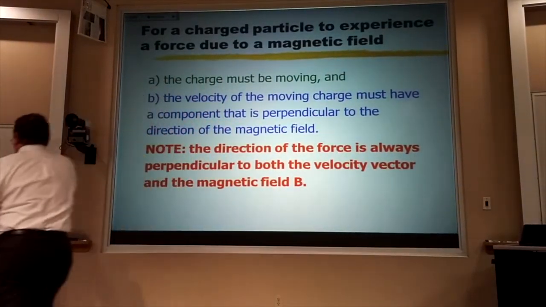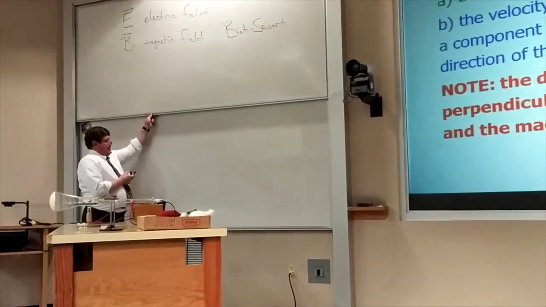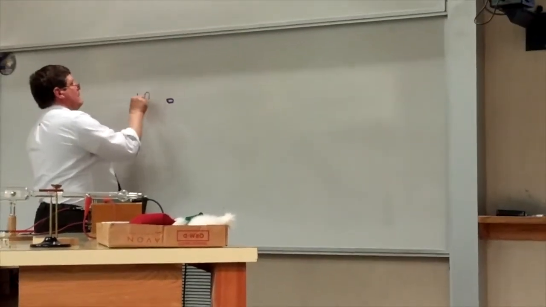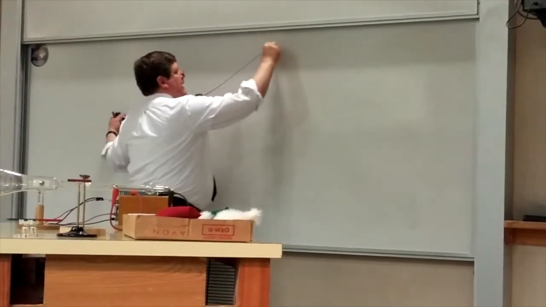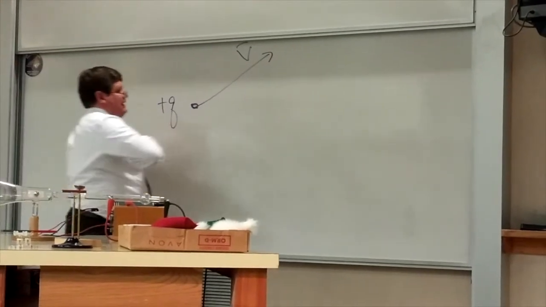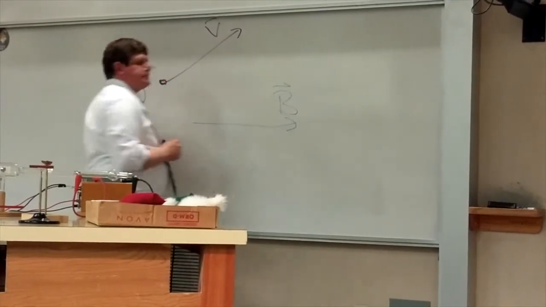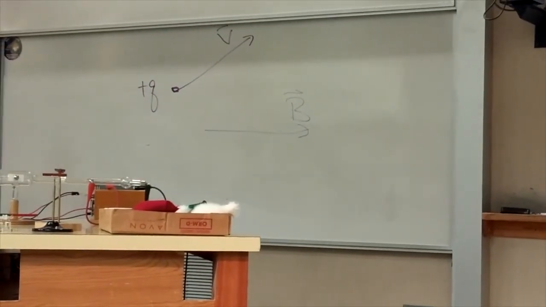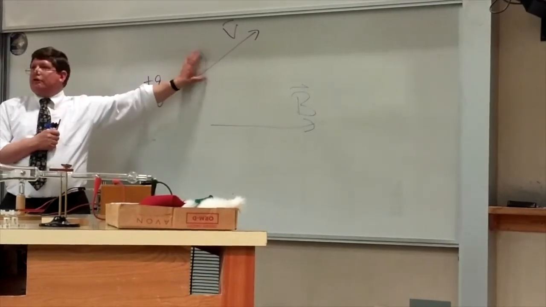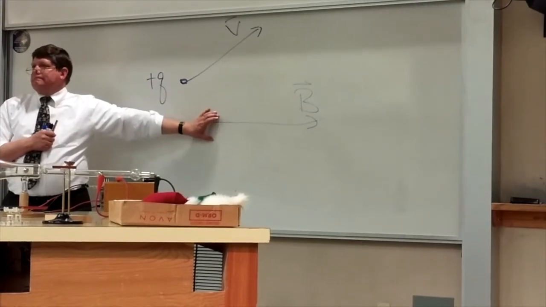Now, look at this. If I have a positive charge, and it's moving that way, in a magnetic field that is that way. The magnetic force has to be perpendicular to this vector, and it has to be perpendicular to that vector.